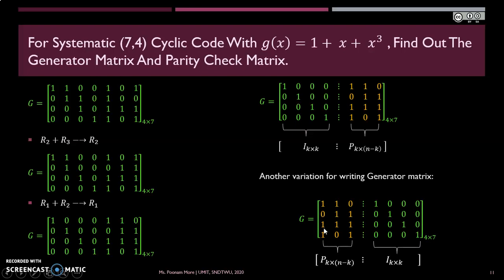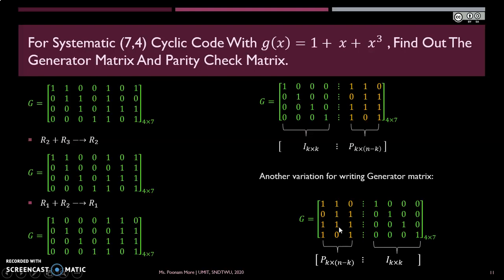We will opt for this generator matrix because we have already considered the code vector representation for the cyclic code such that the code vector contains the parity bits followed by the data bits.